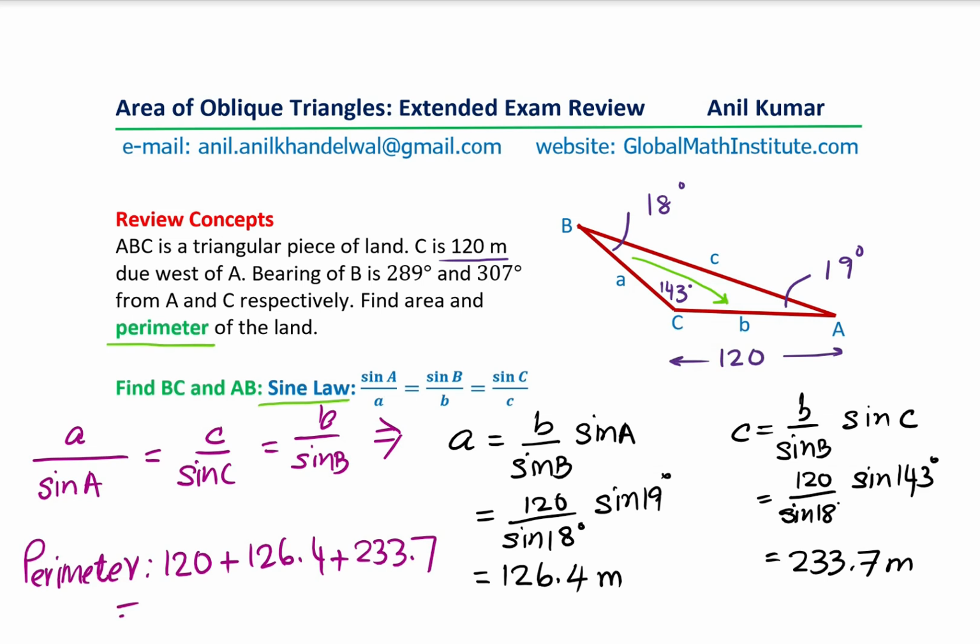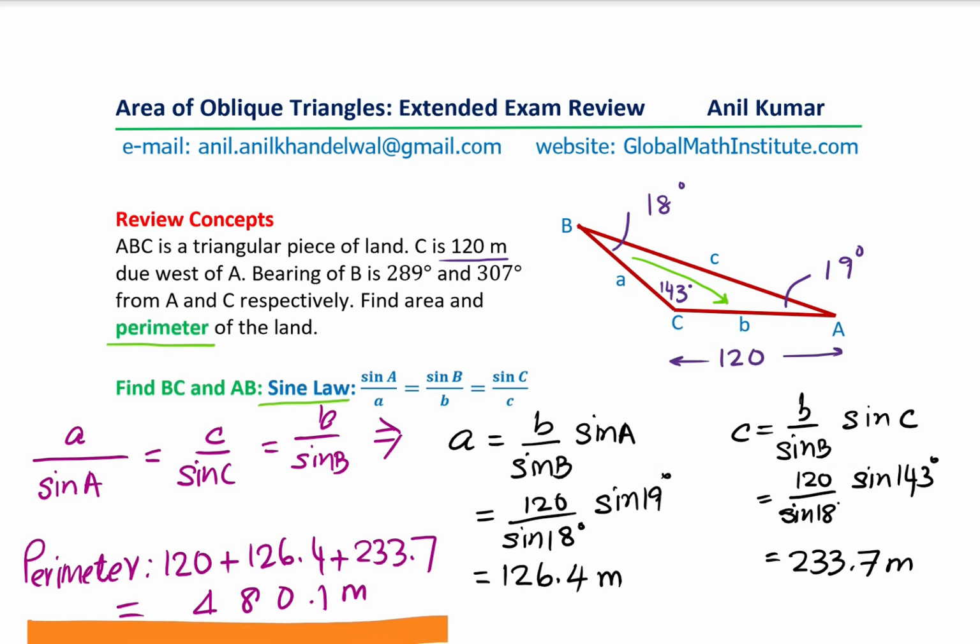You can add them up: 7 and 4 is 11, 1, and then we have 4 and 6, 10, 0, again 1, and then we have 4, 5, 6, 7, 8, and then we get 2, 3, and 4. So it comes to 480.1 meters. So that becomes the perimeter for this particular question.